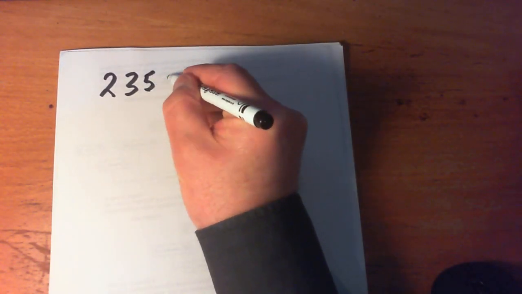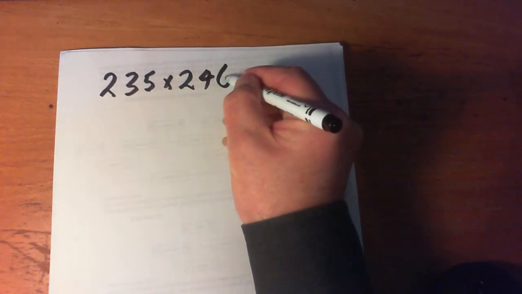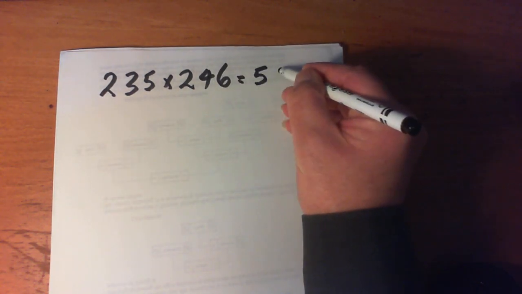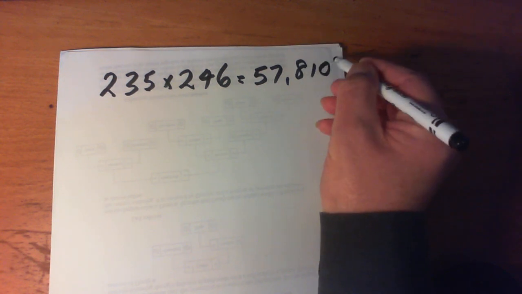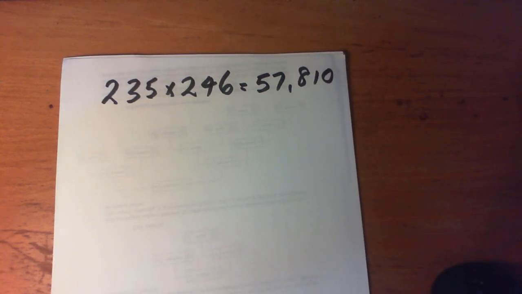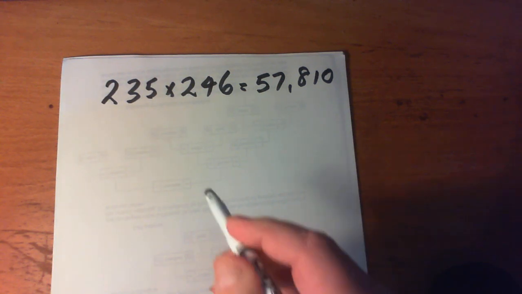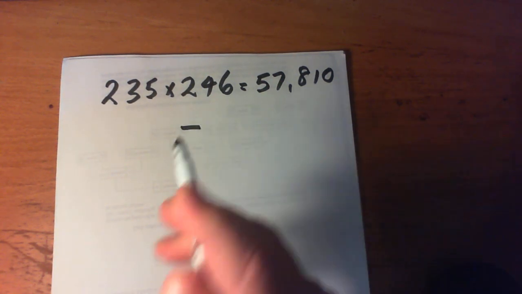So, for example, if I had something like 235 times 246, which equals 57810. Obviously nowadays you can just get your calculator out and do that straight off. Or in the olden days you had to use long multiplication. But there is an alternative way of doing this.